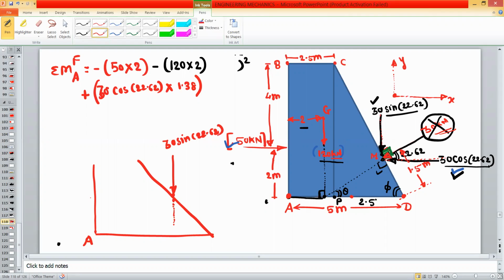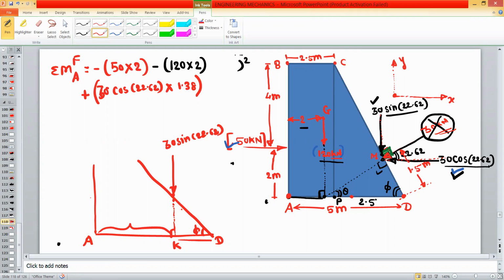If I extend this line, that will be the line of action, and this distance will be the perpendicular distance. Let us take this point as point K. This point is D. We know this value, 67.4, that is phi. For this perpendicular distance, we have to find this small distance KD, and then subtract this KD distance from 5 meter. So this will be 5 minus KD.